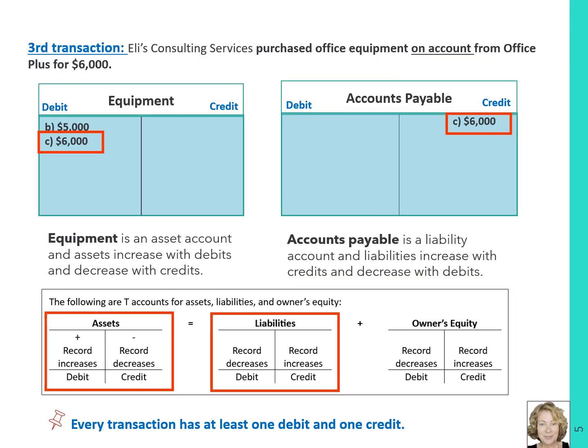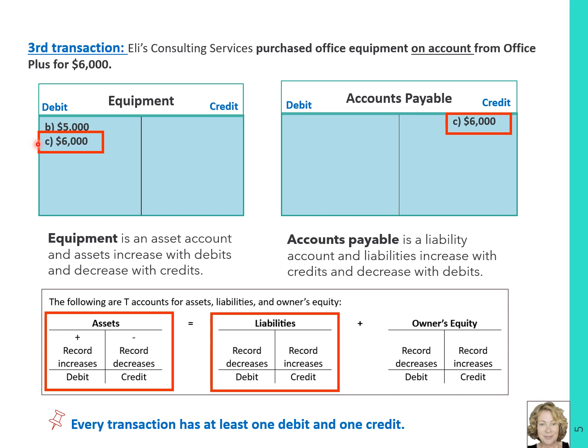For the third transaction, Eli's Consulting Services purchased office equipment on account from Office Plus for $6,000. So our equipment account, which is an asset, increased. Assets increase with debits, and that's why we'll write a $6,000 debit on the left side.